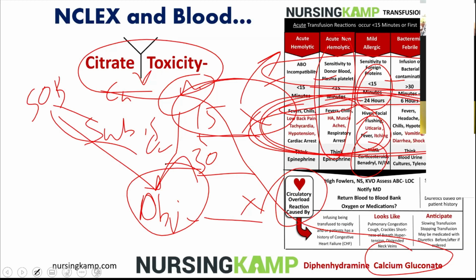What else do we have? The steps: we talked about whether UAPs can do it. No LPNs do blood. Two RNs do it. Then the process: vital signs.